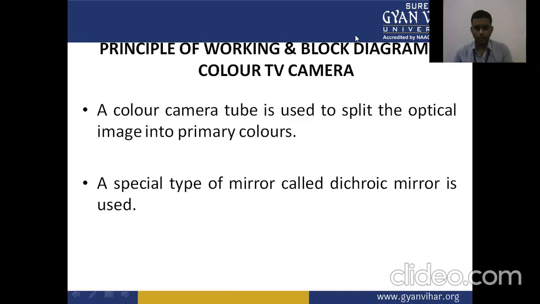Then this signal is developed at the load resistance, at 1 volt peak to peak across 75 ohms. So we have to develop the signal at the output of the camera tube.